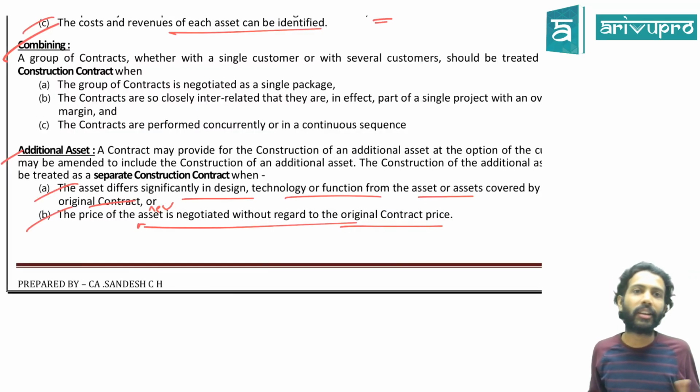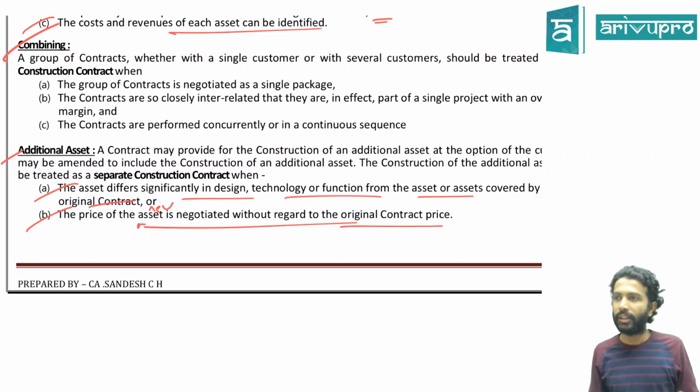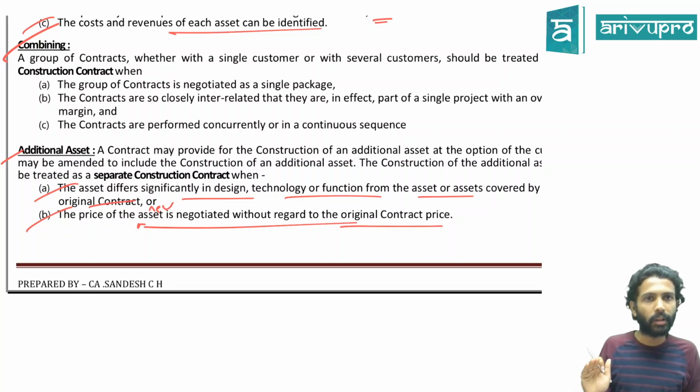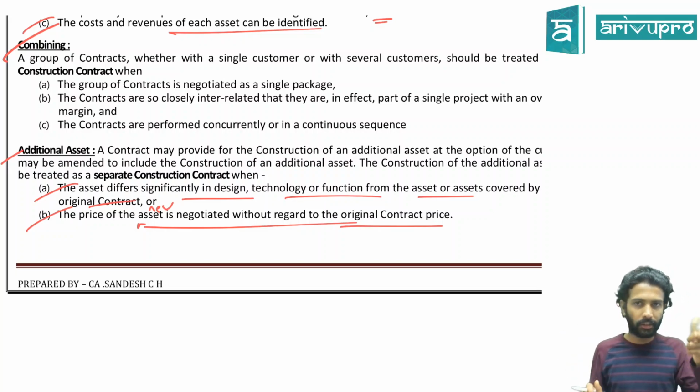This construction contract standard is predominantly applicable for construction contracts. We're going to only concentrate on construction contracts at this point of time at the IPCC level. Then afterwards, you might get some questions on the intangible also. See, at final, whatever you're learning here, every standard is there in final also. But here it's as per AS, there it's as per IFRS. Terms will change, name and nomenclature will change, some clauses also might change.